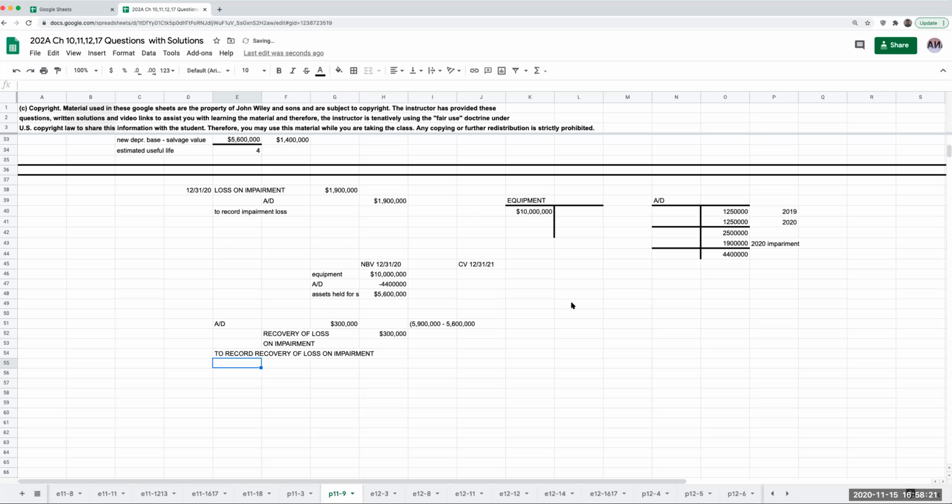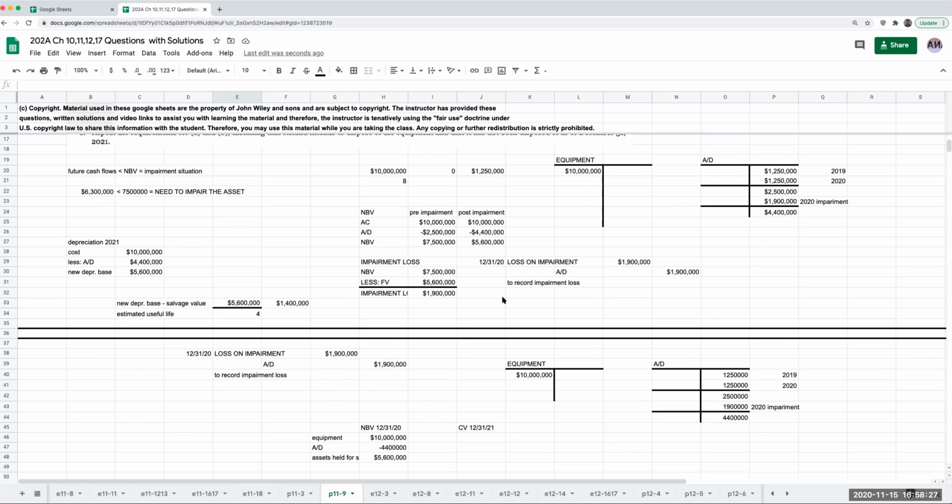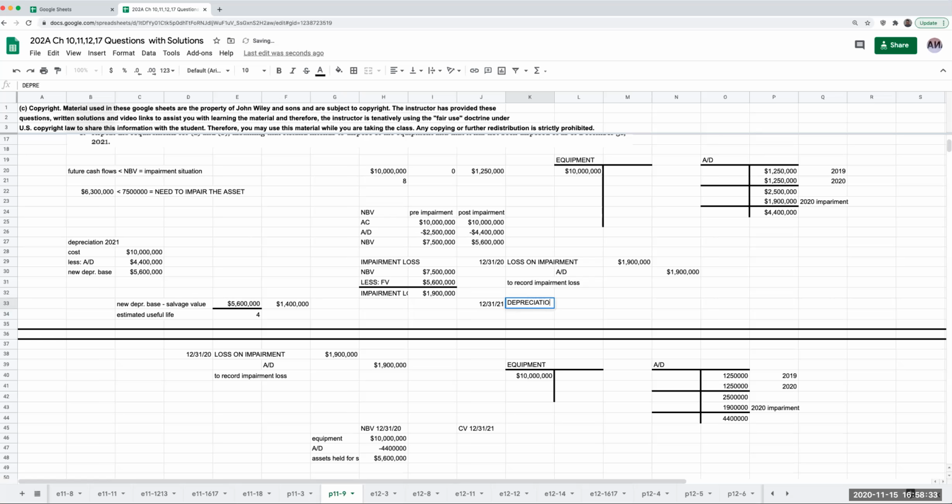The other thing I want you to recognize is that we don't take depreciation in 2021 on 12/31/21 in this situation, because we continue to use the asset.